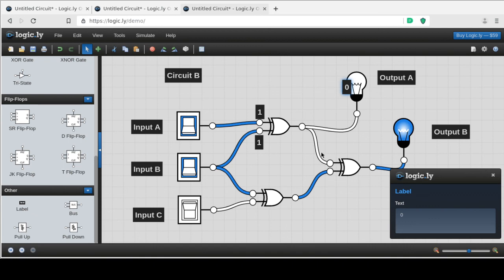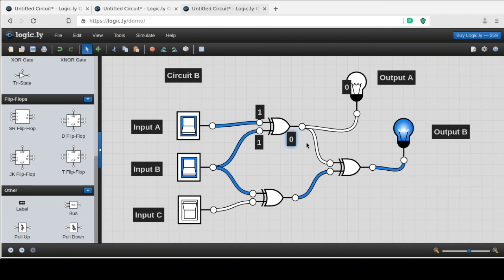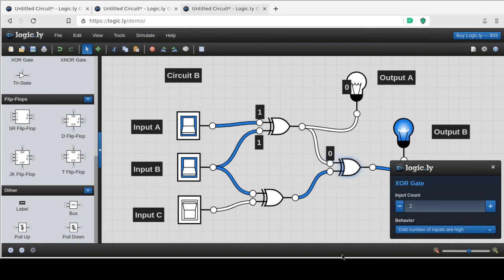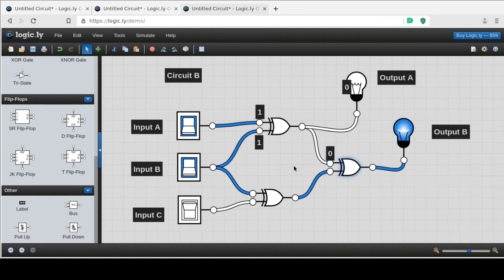And then, like I said, it branches, and that 0 also travels along the second branch here, and that second branch gets fed into the second exclusive OR. Now we're not quite done yet, because we looked at what happened here, but let's take a look at what's happening for the exclusive OR on the bottom.